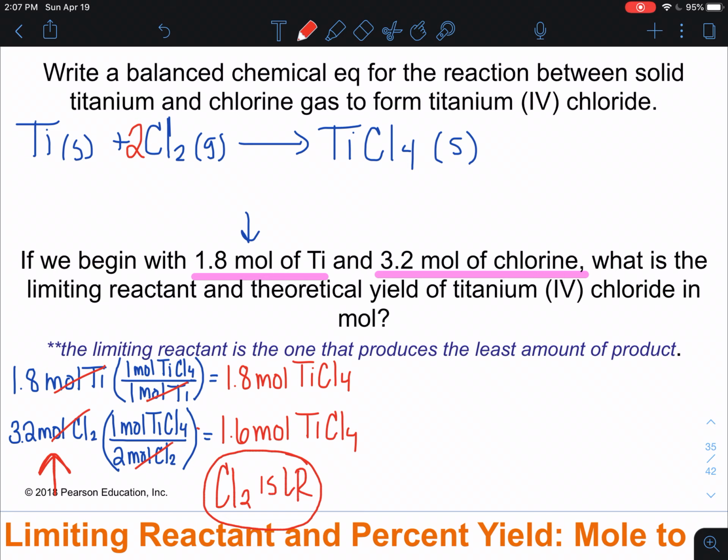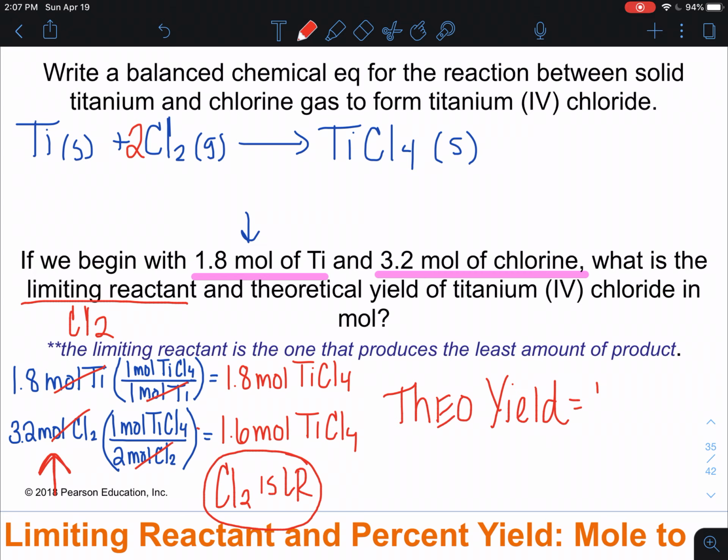Right? Then we're going to ask, so we just figured this out. The limiting reactant is chlorine gas. All right. And what is the theoretical yield? Well, we already did that. We killed two birds with one stone by converting this.